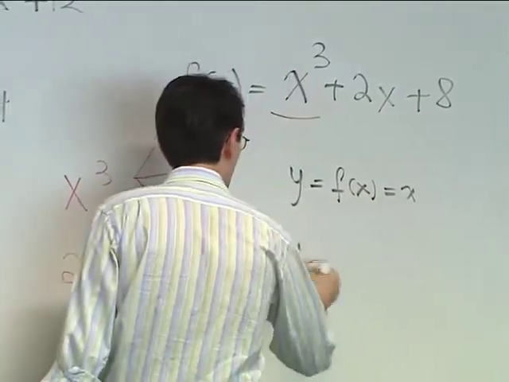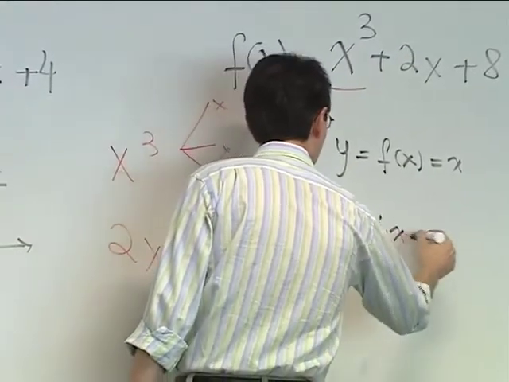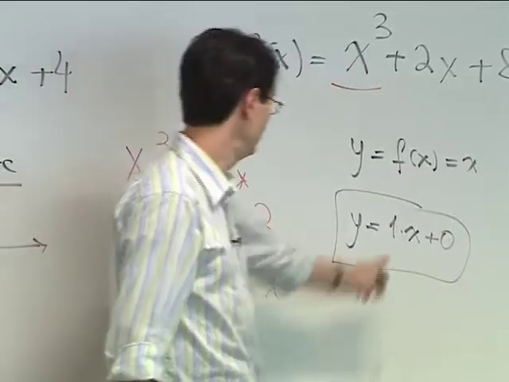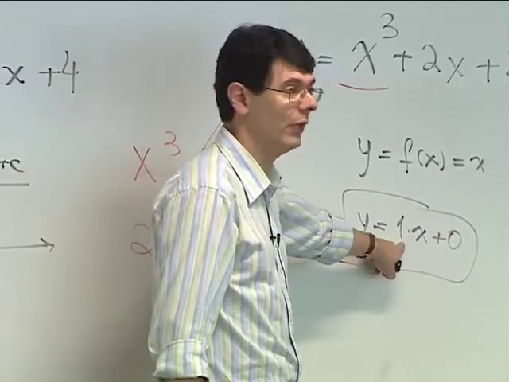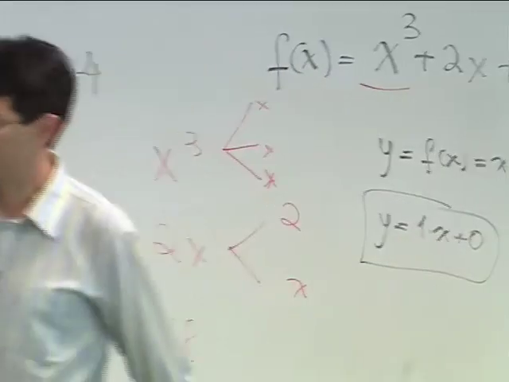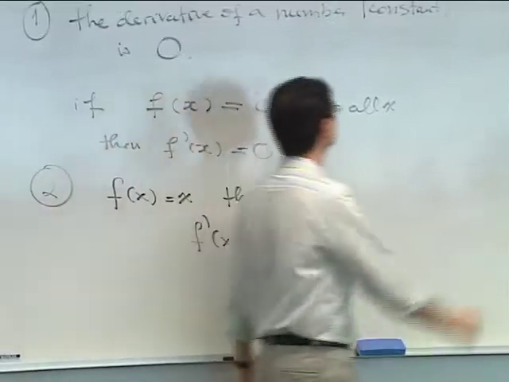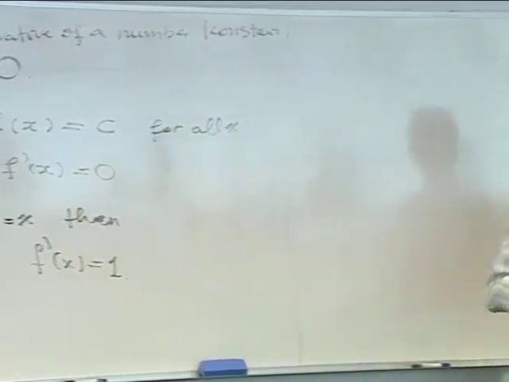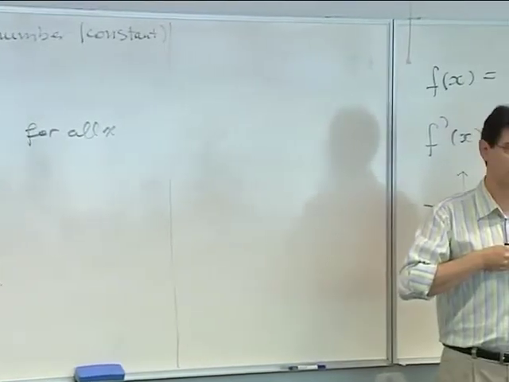And the straight line is y equals 1 times x plus 0. So the slope is always equal to 1. And that's what's written here. So far, so good?